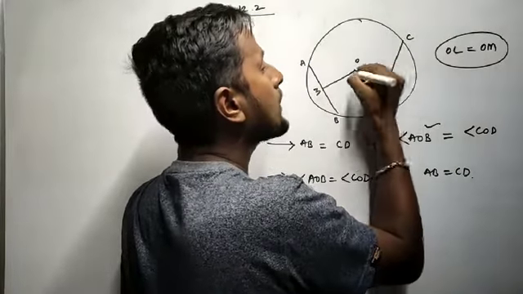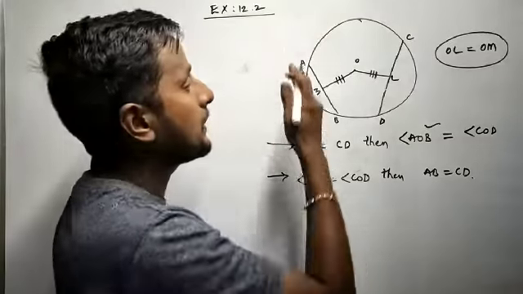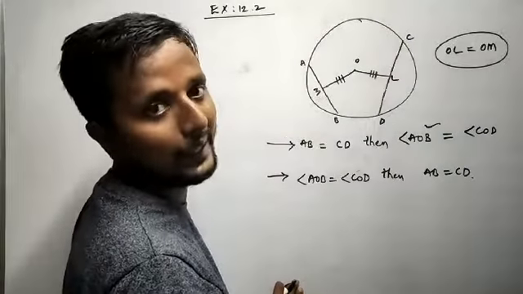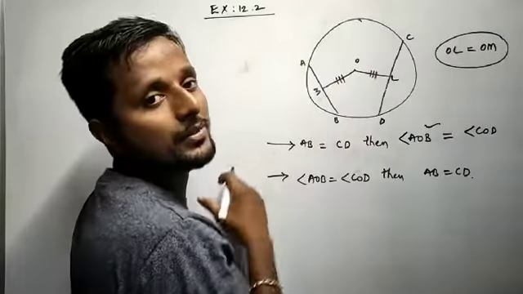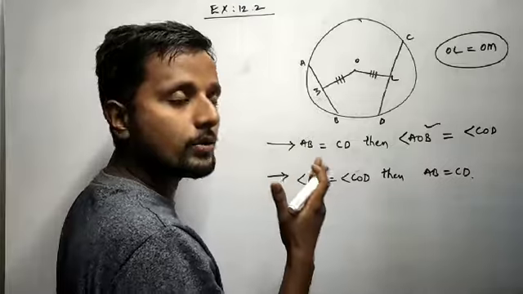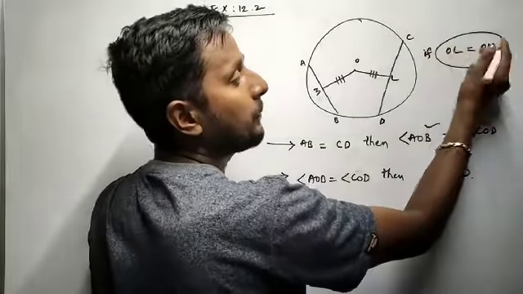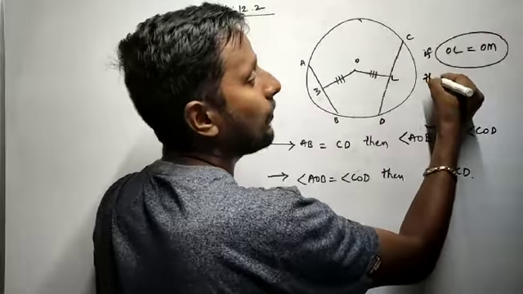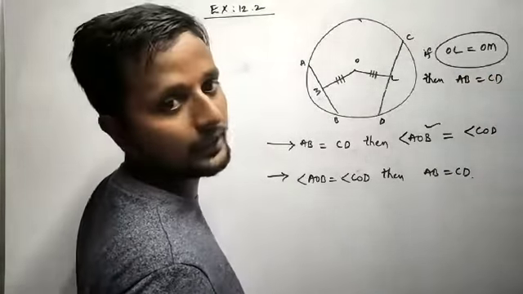If both chords are placed at the same distance from the center, then both chords are equal in length. Then we'll say AB is equal to CD. That's also one of the things.